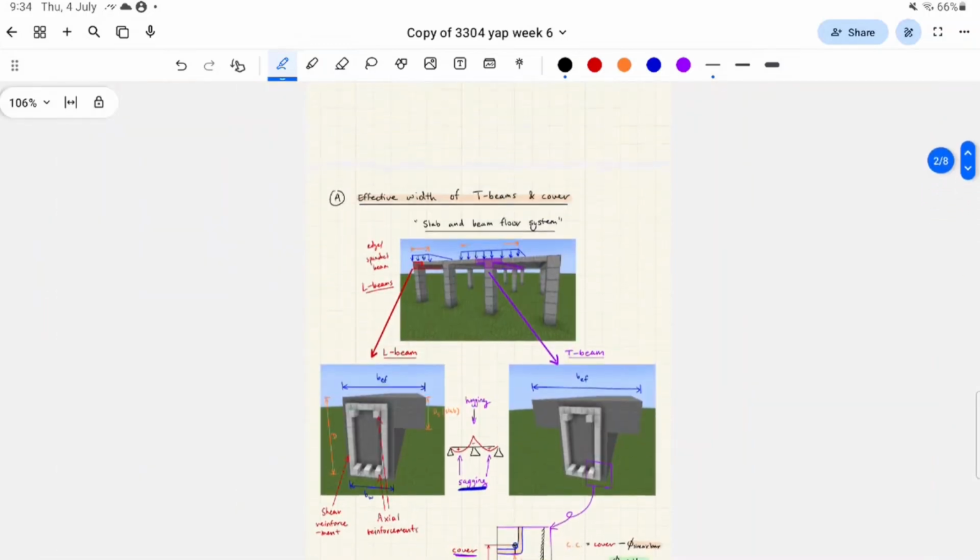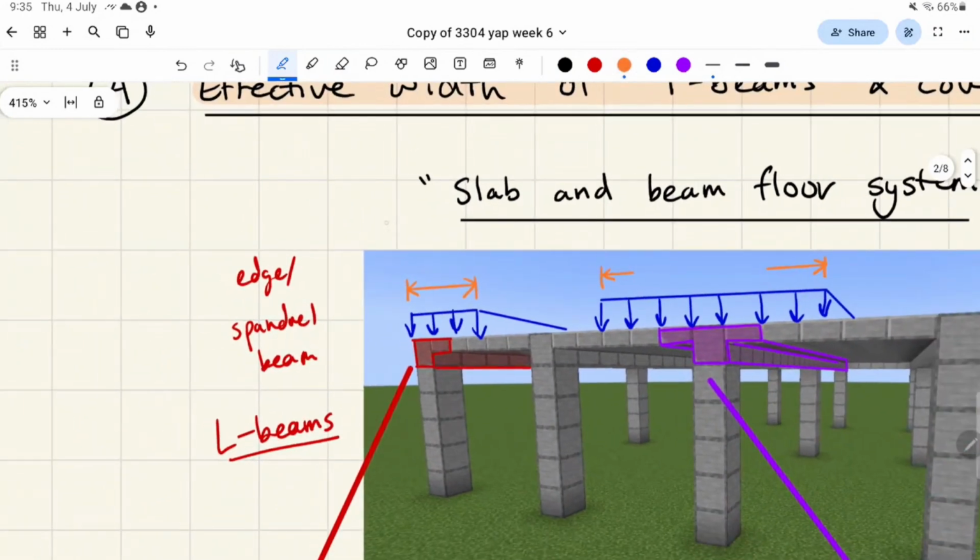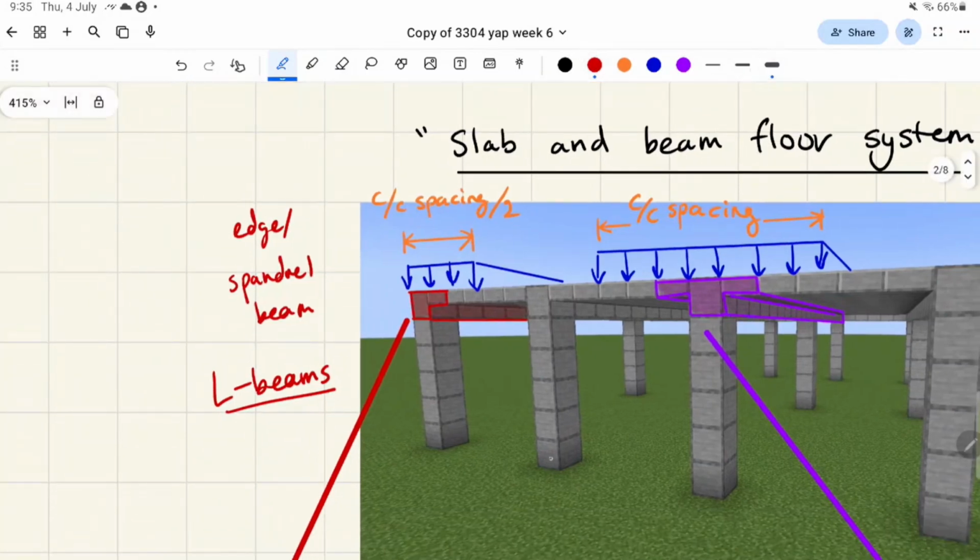Okay, I'm going to scroll up because this is something I skipped over. For an L-beam, we call this center-to-center spacing divided by 2. And for our T-beam, it's simply center-to-center spacing. Center-to-center spacing is from here to here.